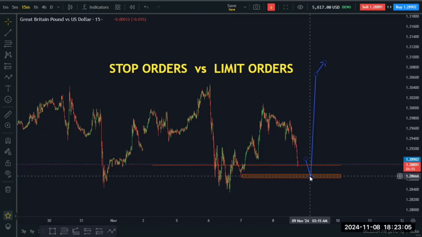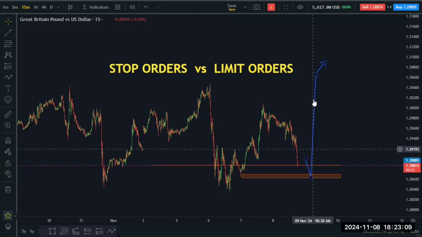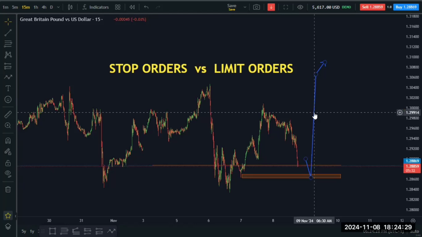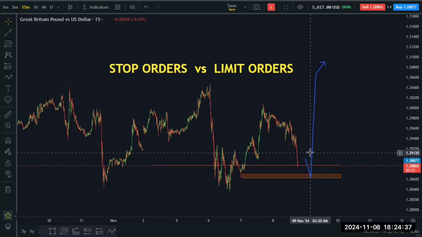And if it actually goes the direction that you predicted, reverses from that point and moves up, you begin to make profit. If it continues down, you will start having losses. That is why you will need stop losses. So a limit order opposes the direction of the price. So you are predicting by opposing the direction of the price.